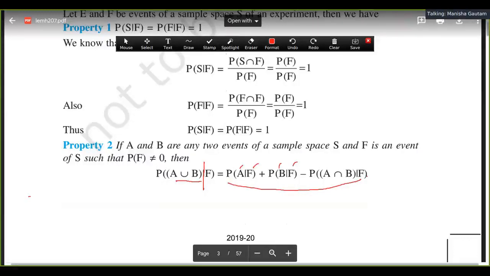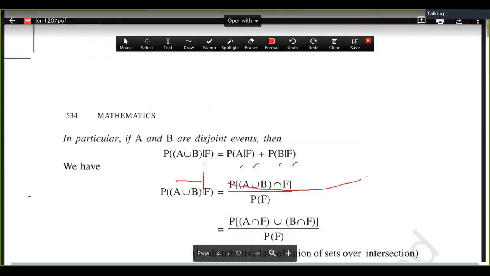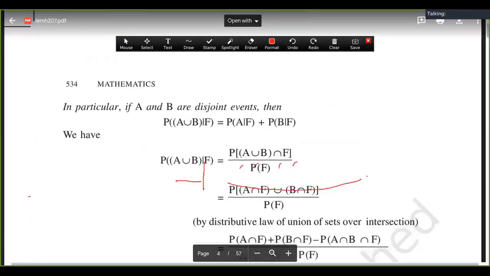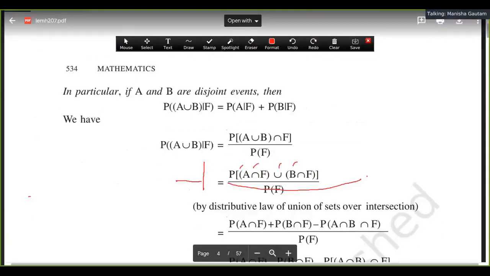If you want probability of A union B and F has already happened, then you will do it like this. Now if A and B are disjoint, nothing is common, it means A intersection B is 0. So the third part will be 0. So probability of A union B if F happened will be equal to A if F happened plus B if F happened.